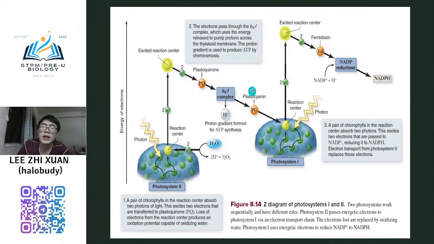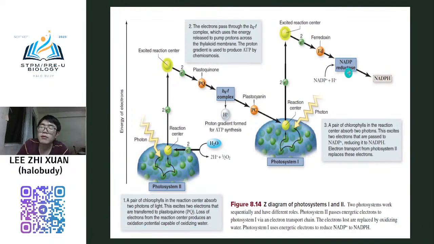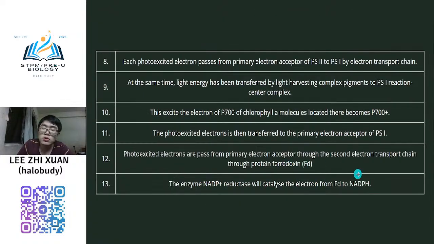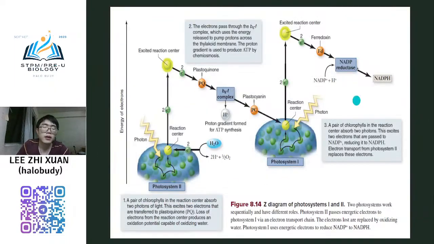And then the electron that comes from the ETC, from PS2, will go toward the NADP reductase, so that it will reduce NADP plus to form NADPH. So this is the overall reaction of the non-cyclic pathway.